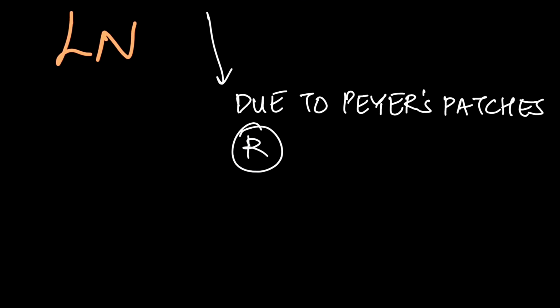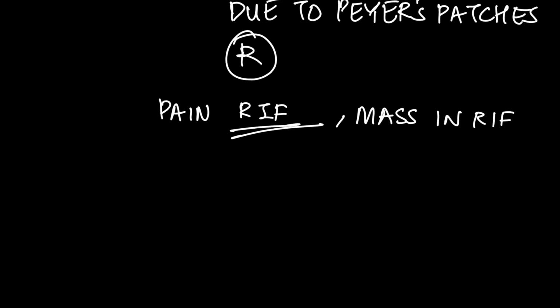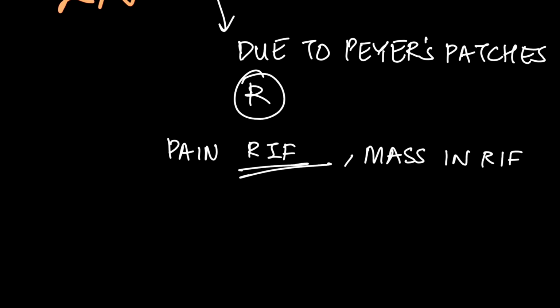They can present with pain, which may be localized to the right iliac fossa, or a mass in the right iliac fossa, and sometimes when the coils of the bowel get adhered to these lymph nodes, the patients can also present with intestinal obstruction. The differential diagnosis in cases of large mesenteric lymph nodes can be retroperitoneal tumor or lymphomas.